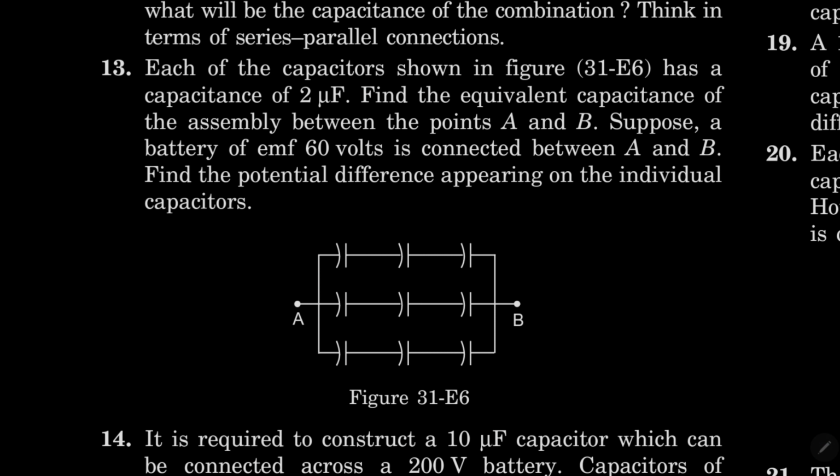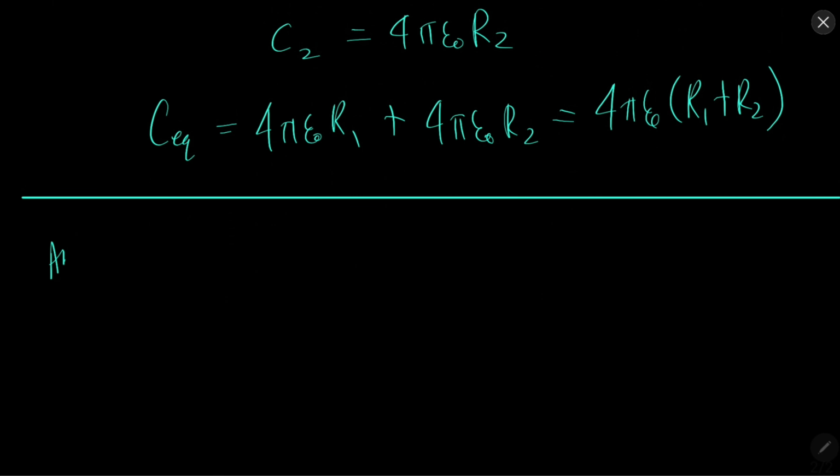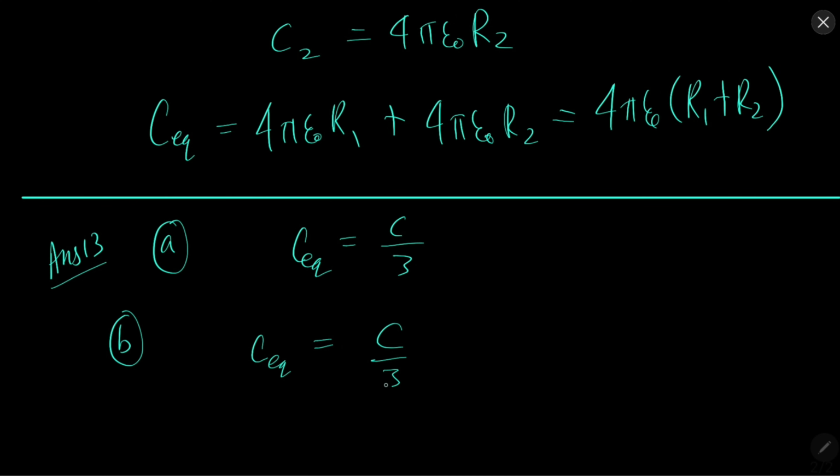In 13, find the potential difference appearing on the individual capacitors. Solution 13. A part, equivalent capacitance will be C by 3. In B part, equivalent capacitance is C by 3 plus C by 3 plus C by 3 plus C, which will be 2 microfarad.